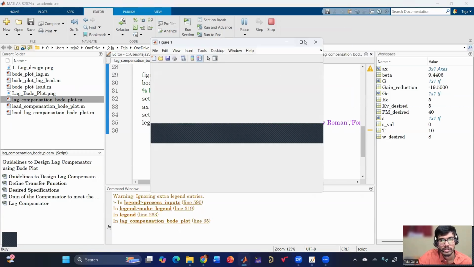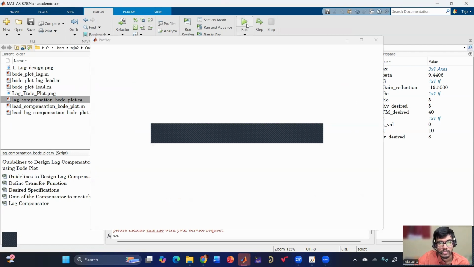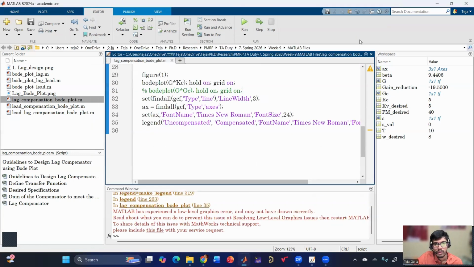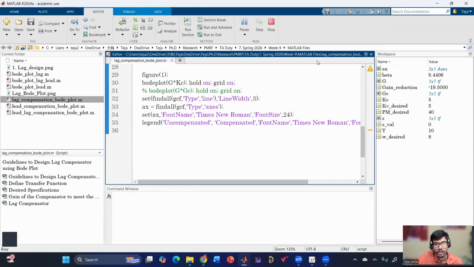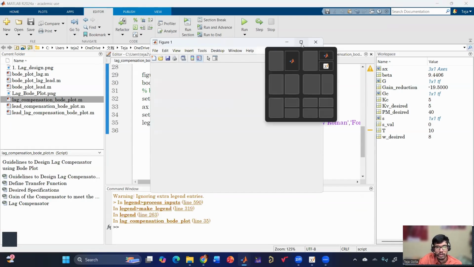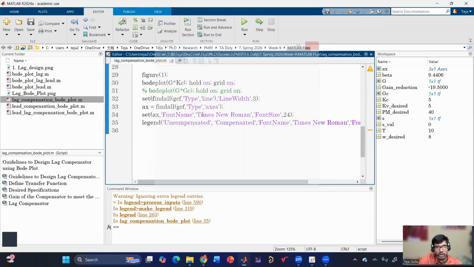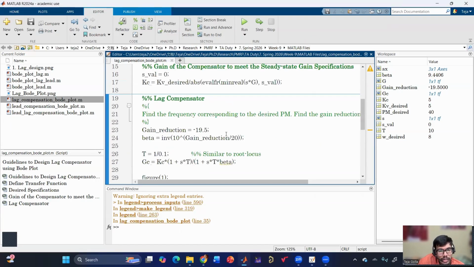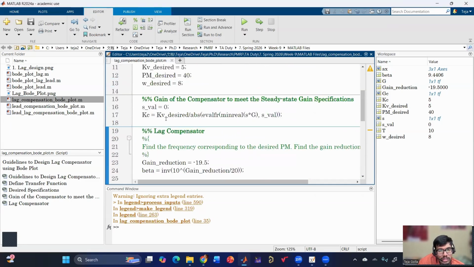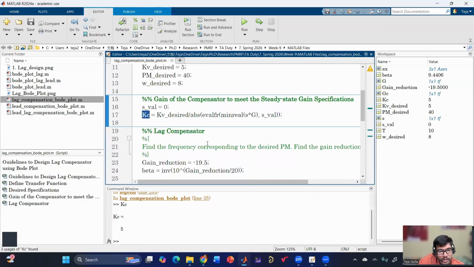So I'm running the lag compensation. Something is not correct. K into Kc into G. So what is my Kc? 5.